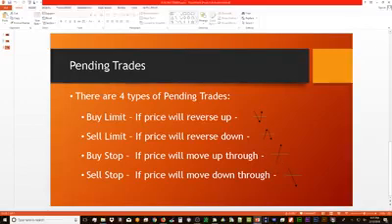If we think it's going to shoot up, reach $2 and shoot up through $2, then we'll put in a buy stop for $2. As it goes to $2.01, it's going to jump us into the trade, and we'll be in profit.